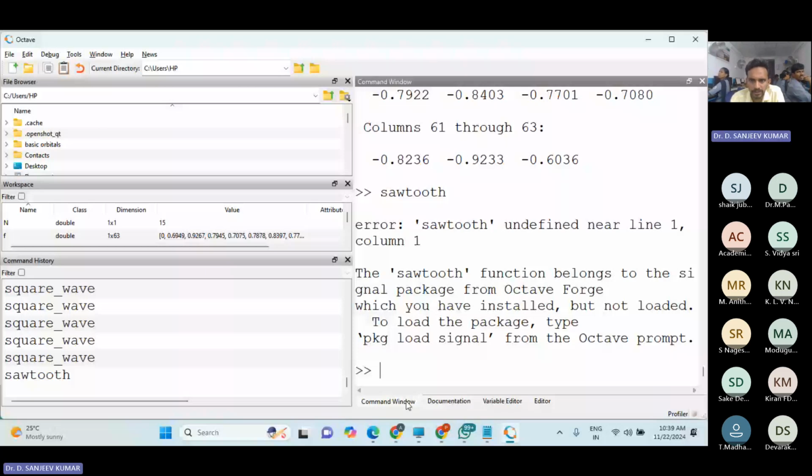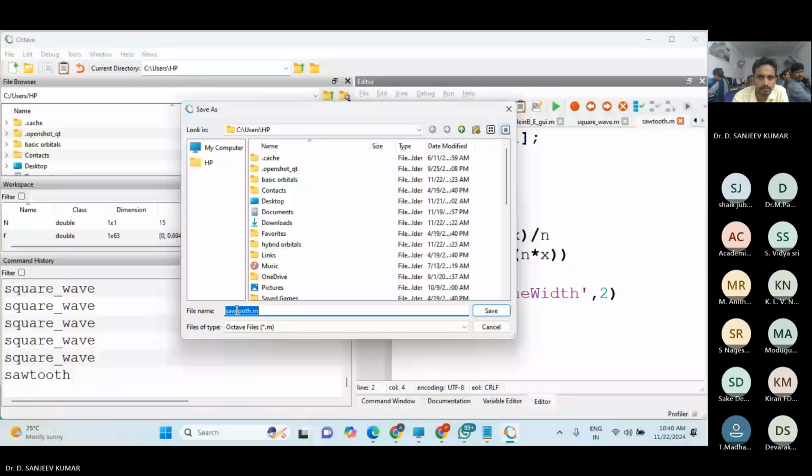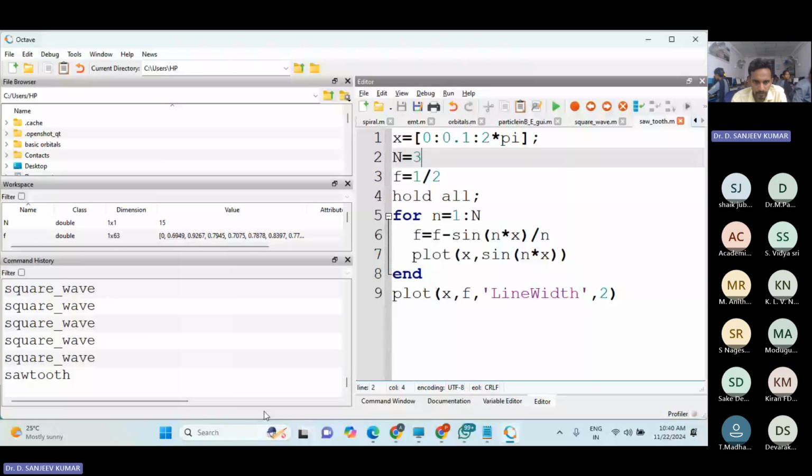Oh, sawtooth is a built-in function, so you cannot use that. So place an underscore in the file name. Save file as, that is also not possible, saw underscore tooth, and delete the earlier file.